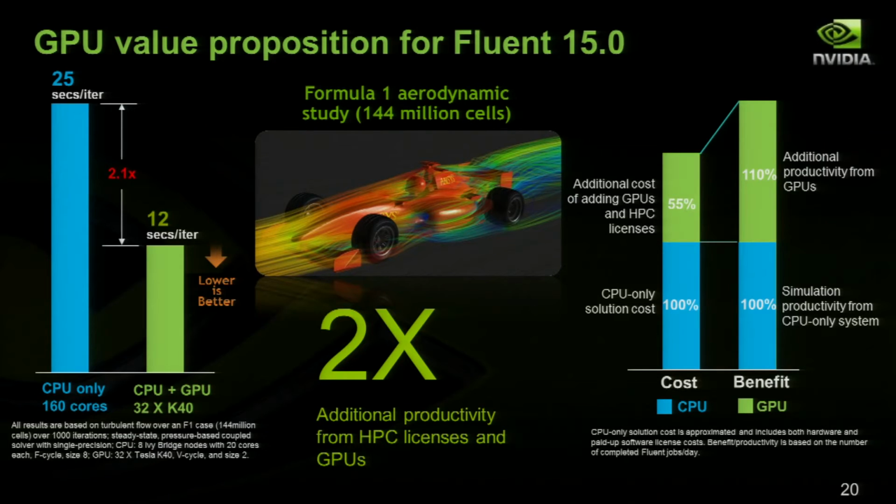So that is 110% more productivity from your simulation. When you take the incremental cost versus incremental benefit, I'm putting in 55% more investment, but I'm getting 110% more. So that is 2x additional productivity from HPC licenses and GPUs. That's how you should evaluate your value proposition.